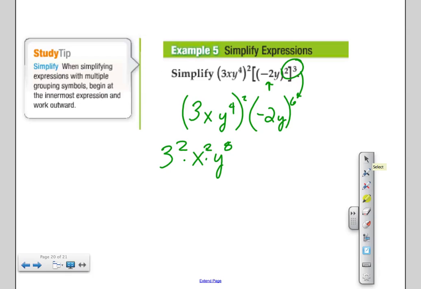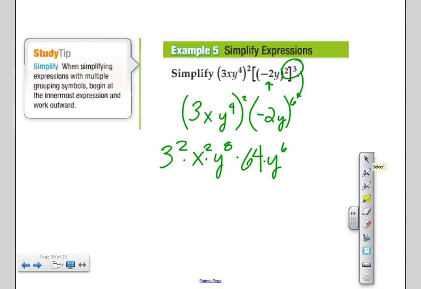Very good. And negative 2 to the power of 6, that'd be negative 2 times negative 2, and so on, six times, and you find out it's 64, y to the 6.